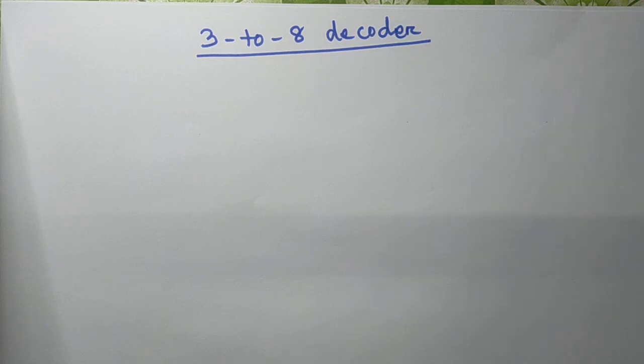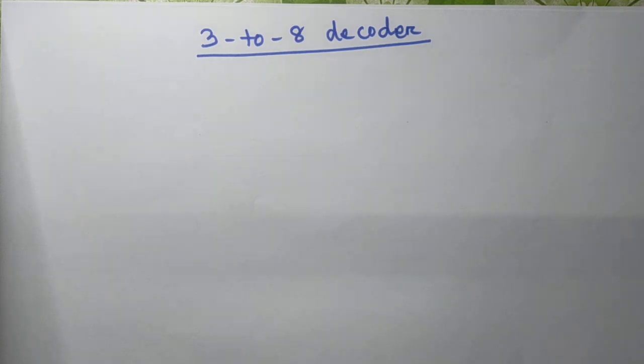Today I will discuss the 3 to 8 decoder. In the last class I also discussed the 2 to 4 decoder, and I explained very clearly how to design it.